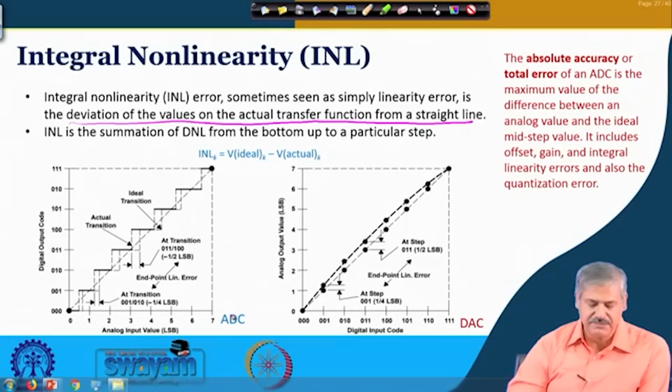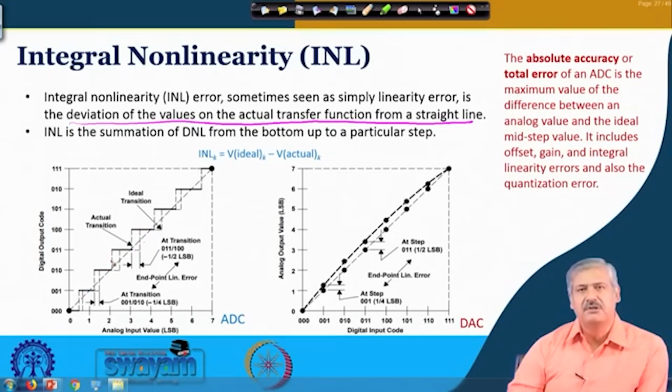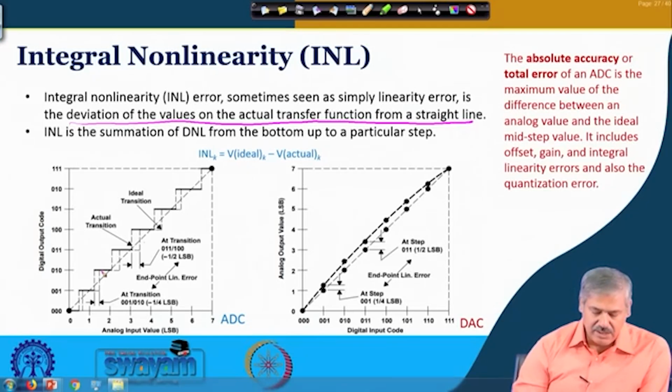So this is the ADC. This is the analog input value and the corresponding digital code. This dotted line is the ideal transition, and the actual is the bold line. What you can see is the deviation occurring over here.